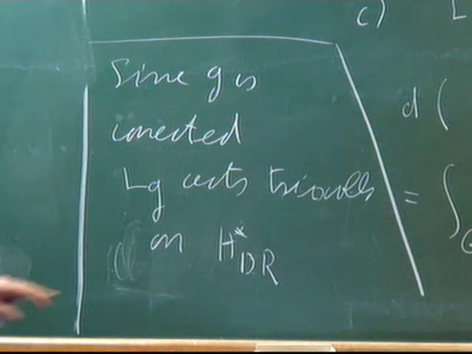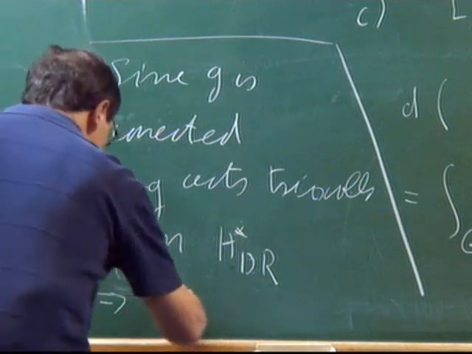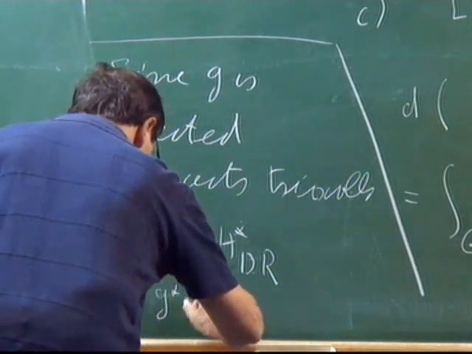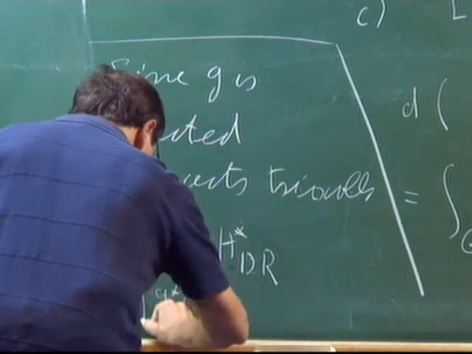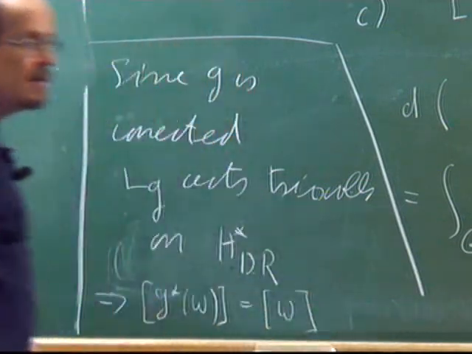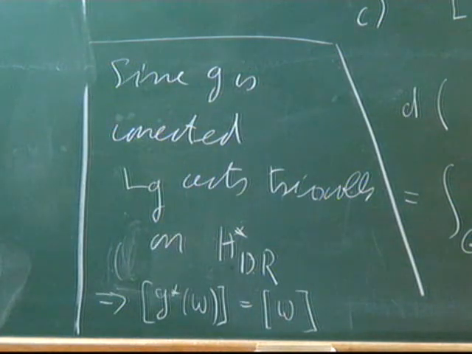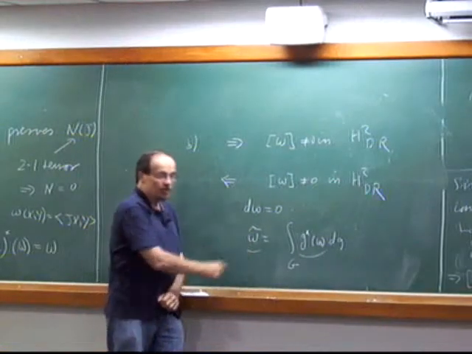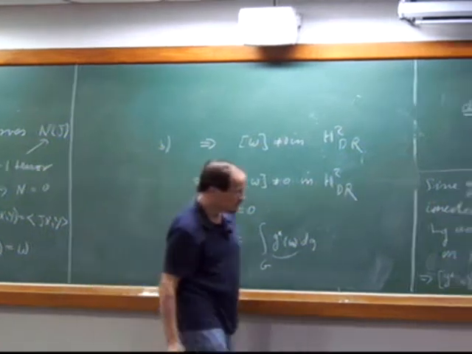So it means the action on the de Rham cohomology must be trivial. So the cohomology class of all these pullbacks is the same. It's always equal to omega. So all these things lie in the same de Rham cohomology class, I average, and then this also lies in the same de Rham cohomology class.